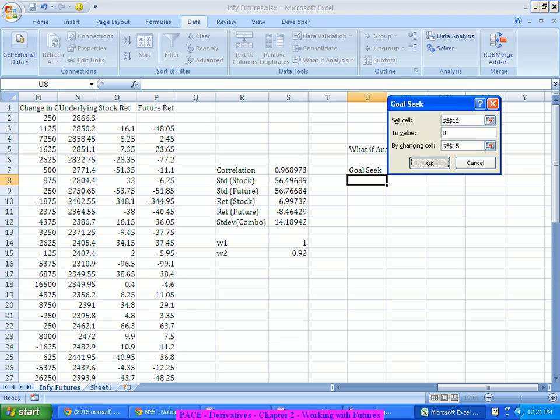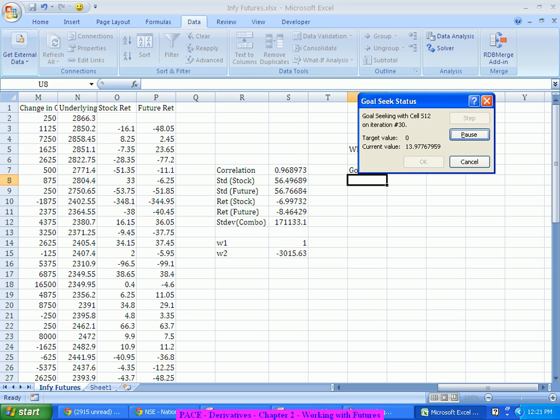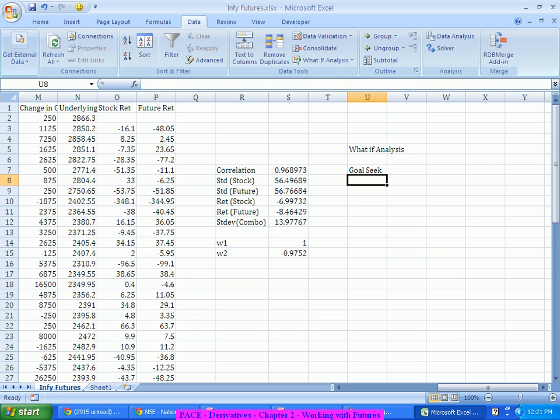Now, once you say OK, it will do some massaging. It says it may not have found a solution, but at least it is giving you a slightly better one. To whatever extent it can be reduced, it has reduced and given you a solution at 13.97.